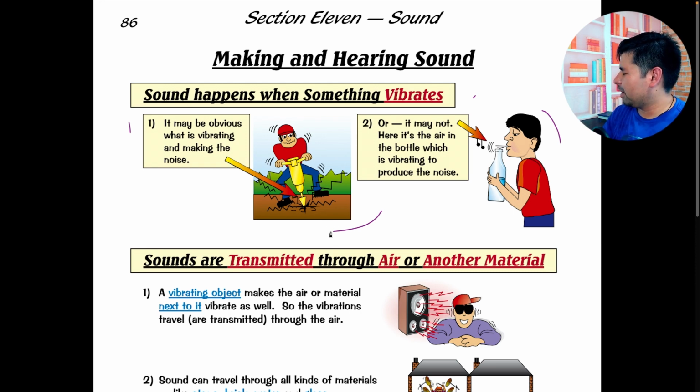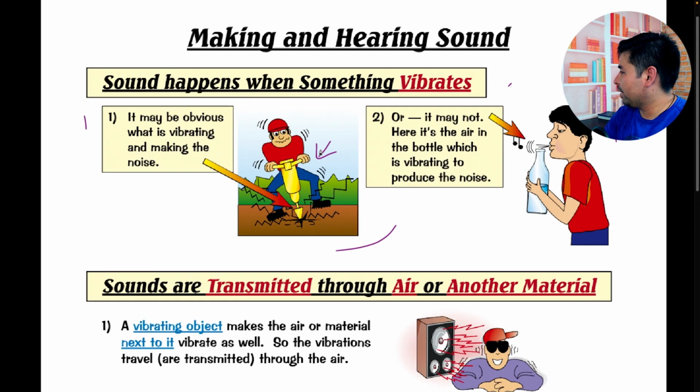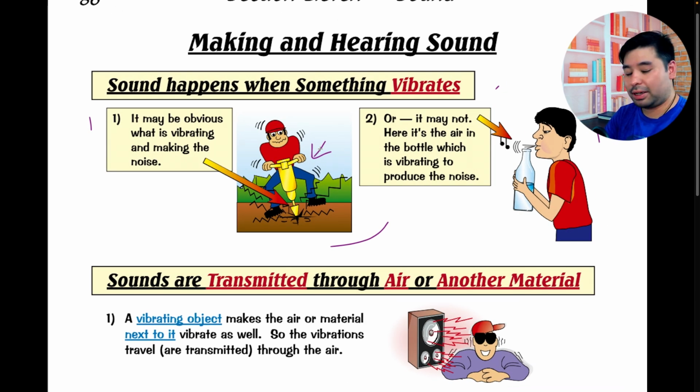Just follow me. Number one, it may be obvious what is vibrating and making the noise, right? Because we have the picture, the guy is using a machine to make a hole in the ground.